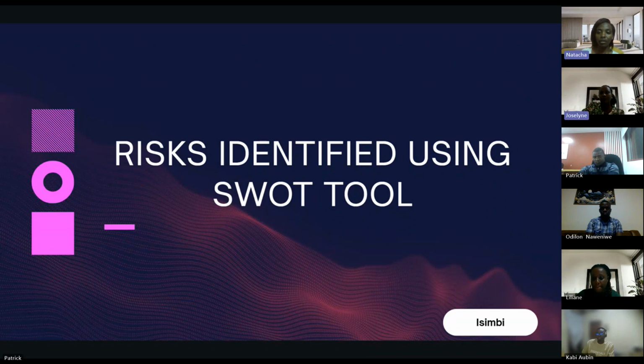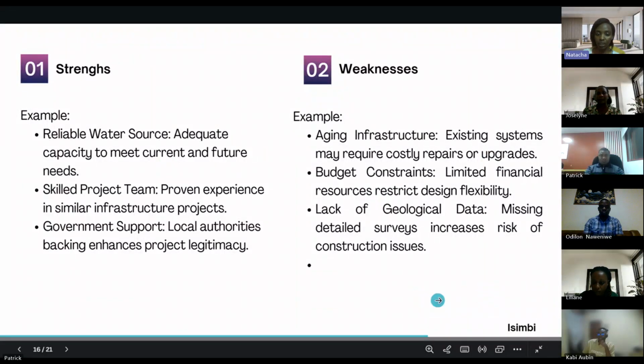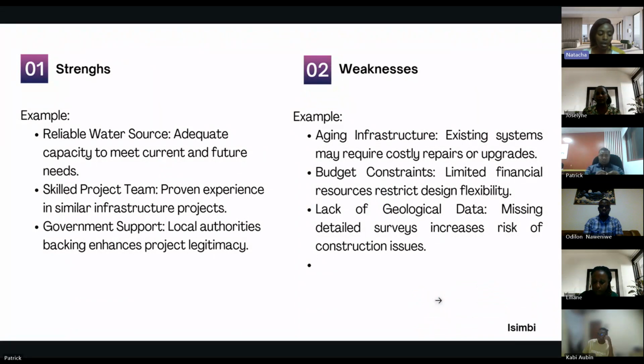Over to you, Isimbi. Yeah, thank you, Jocelyn. So we'll continue with risks identified using the SWOT tool. As Jocelyn explained, we'll be having strengths and weaknesses. The strengths are the internal attributes that give our project an advantage and contribute to its success.